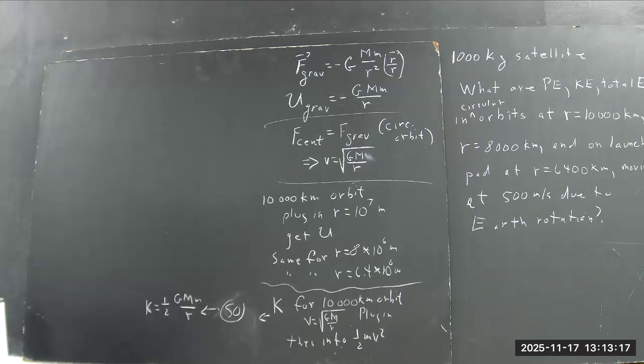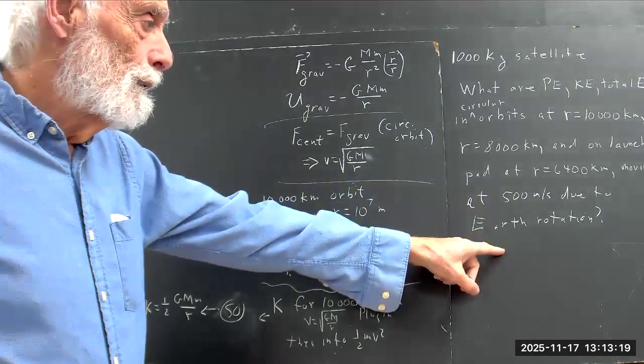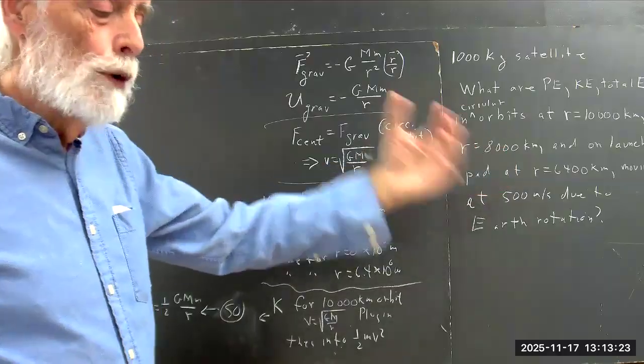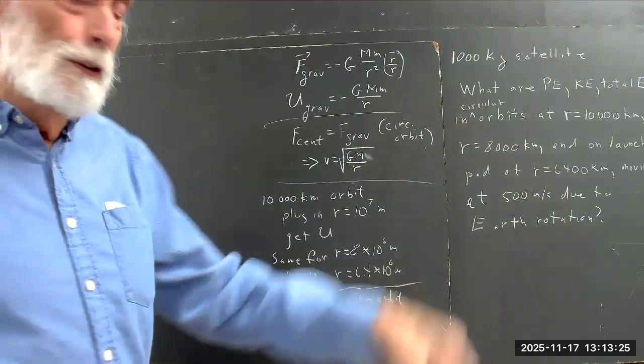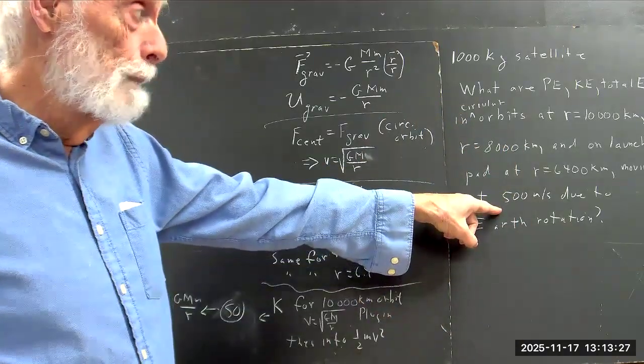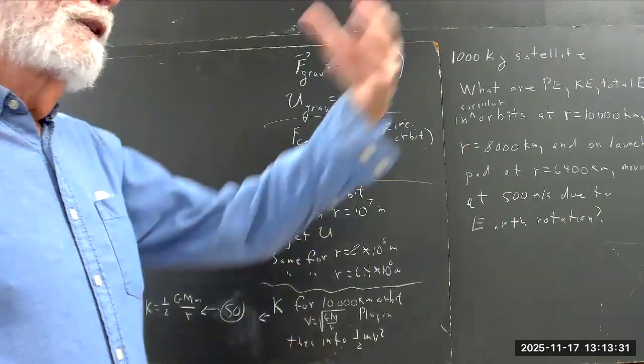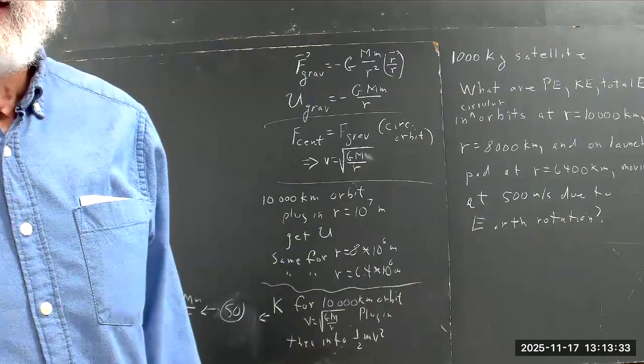And then, of course, at the 500, on the launch pad, you just find your kinetic energy, 1/2 mv squared. Now, how much energy does it take to get up there?